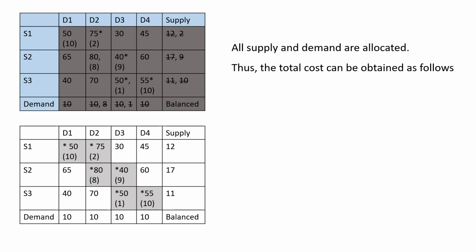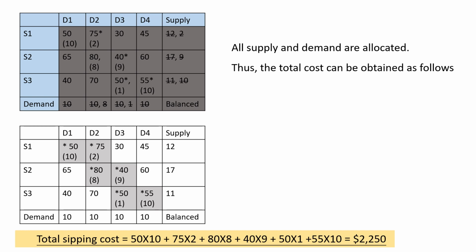So we can multiply 50 by 10 plus 75 by 2 plus 80 by 8 plus 40 by 9 plus 50 by 1 plus 55 times 10, like this here. So the final total shipping cost using the northwest corner method is 2,250.